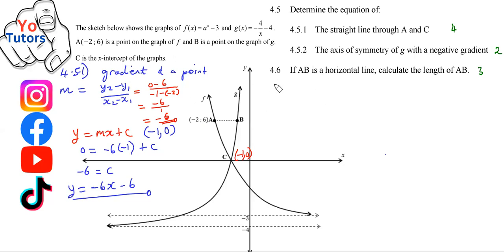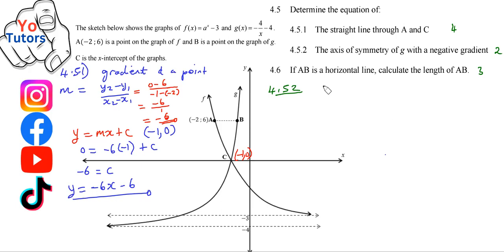Now, let's look at the second question here, which is 4.5.2. Determine the equation of the axis of symmetry of g with a negative gradient. What we know is that for g, it always has two axes of symmetry. One is with a positive gradient and the other one with a negative gradient.